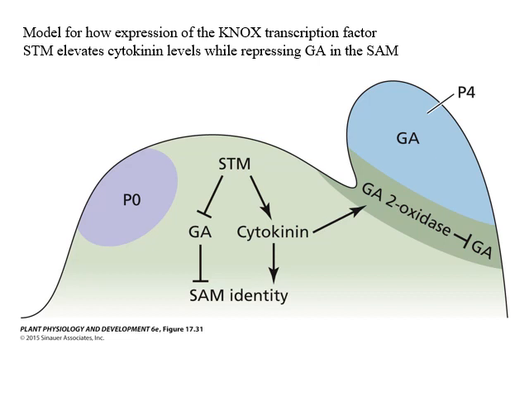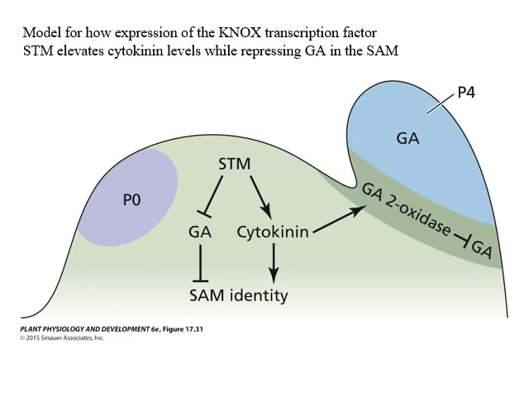By inhibiting GA biosynthesis, it also prevents GA's inhibition of shoot apical meristem identity in this region. And at the same time, STM activation of cytokinin biosynthesis leads to maintenance of the shoot apical meristem identity, the high frequency of cell divisions, as well as maintaining the cells in an undifferentiated state.